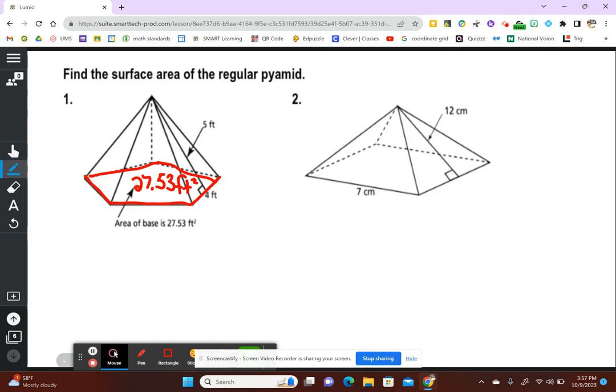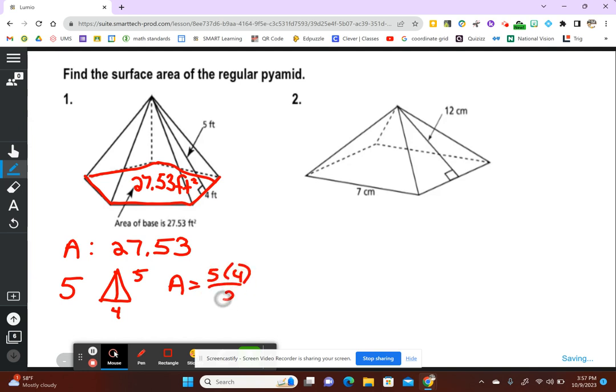So again, for number 1, the area of the base they already give us. So that's 27.53. But now I have 5 triangles that have a height of 5 and a base of 4. So my area equals base times height divided by 2. So that's 20 divided by 2 is 10.